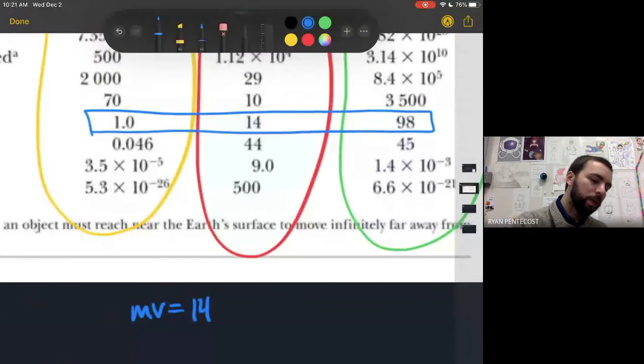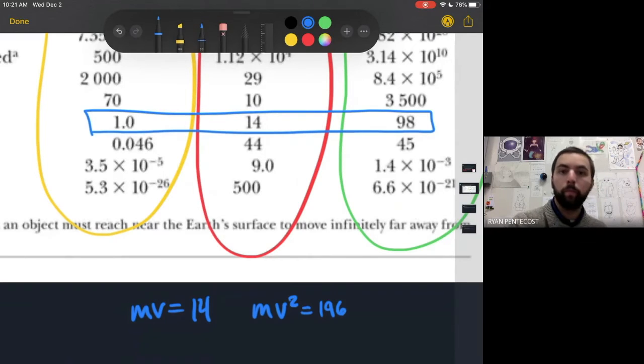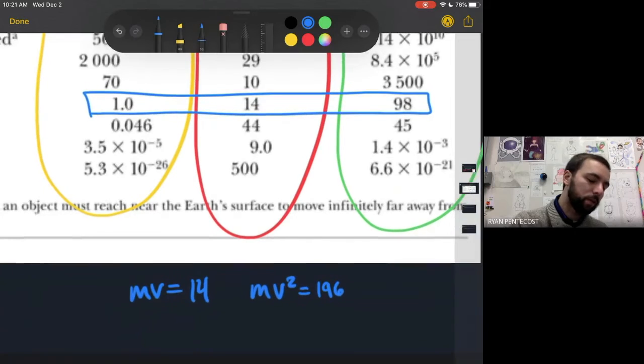If we want to get this really big, really fast, we can just do mv squared, right? mv squared is going to give you 196. That's bigger than 98. It's actually double of 98. So if we take that down to 1/2 mv squared, you would get 98. So this is our equation for kinetic energy.